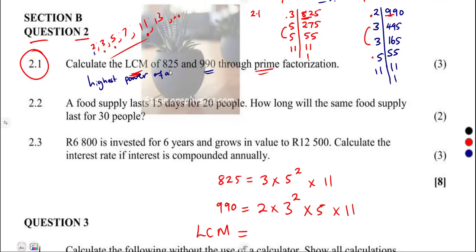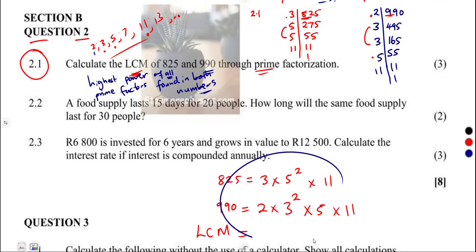Highest power of all prime factors found in both numbers.